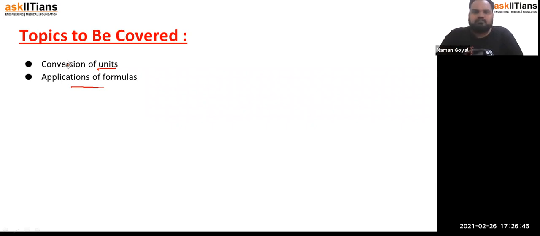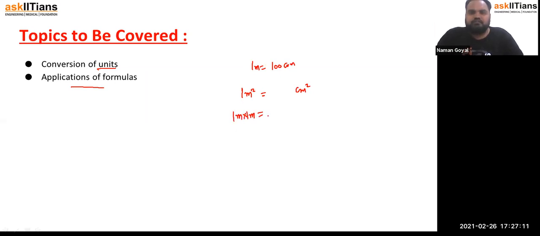For example, as we know, 1 meter is equal to 100 centimeter, isn't it? So if I ask how many centimeter square are in 1 meter square, how do we do this? 1 meter square can be written as 1 meter into 1 meter.